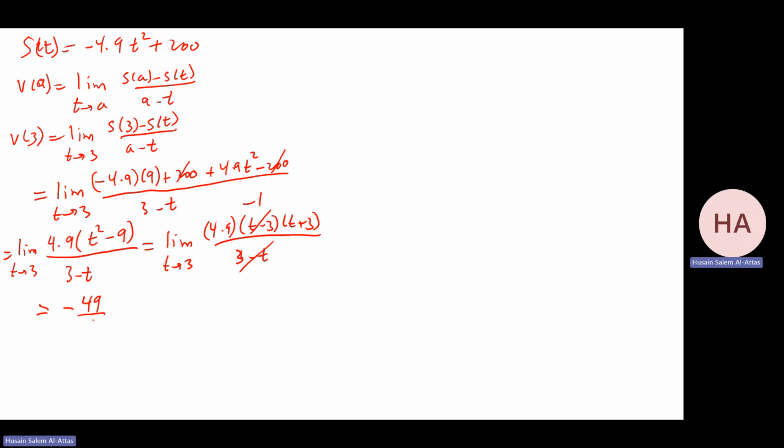Minus 49 over 10 times 3 plus 3, which is 6. That will be what? Over 2, it's 5. Over 2, it's 3. Minus 49 times 3 is minus what? 3 times 50, 150, minus 3, 147 over 5. Correct? Yes, 147. This is 107.